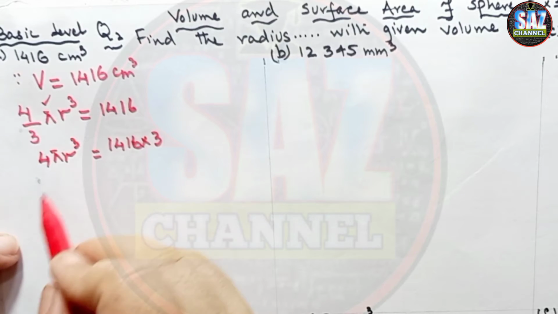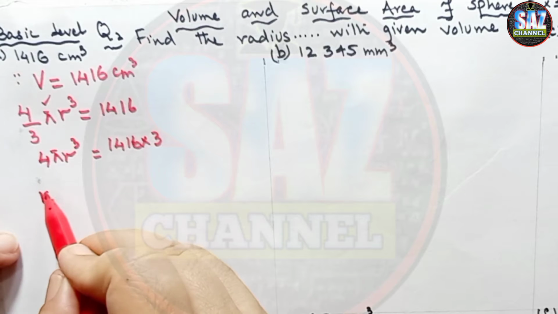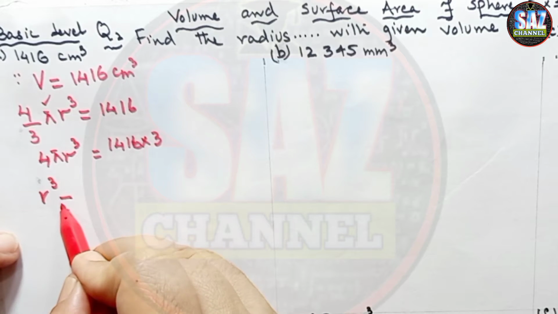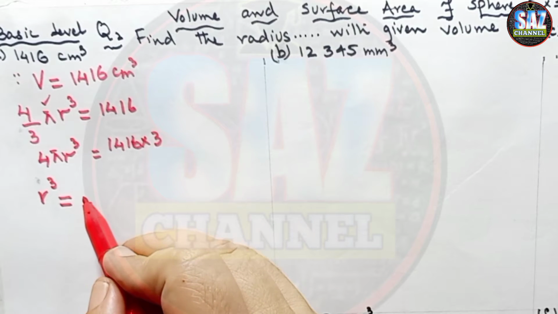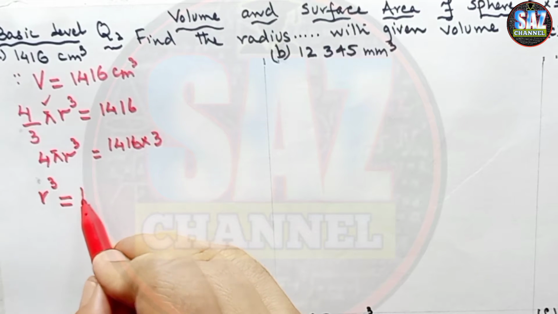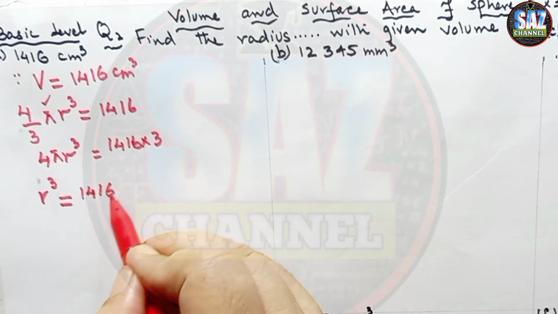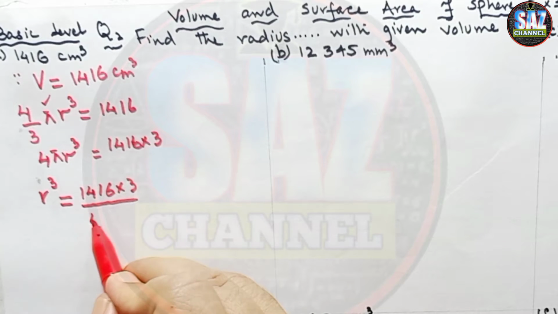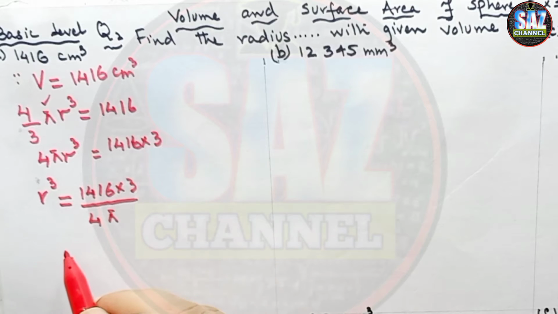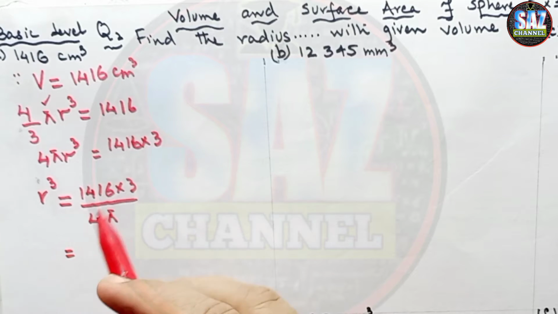Now r is the requirement of the question, so it has to remain at the same side, and this 4 pi is extra. So r cube equals 1416 multiplied by 3 upon 4 pi. 4 multiplied by pi, pi has the value 3.142.